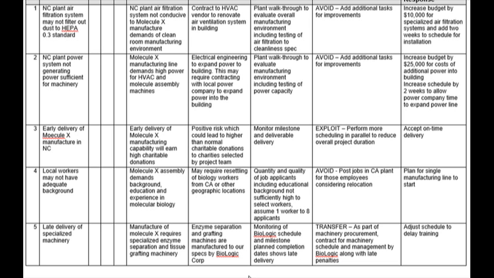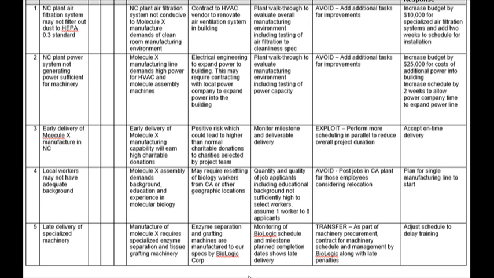If we can deliver early, then the company will give a donation to a charity of the project team's choice. And look at our strategy. We're going to exploit this opportunity, but our response is we'll accept on-time delivery. If we can't get the early delivery, that's fine, as long as we are still on time.